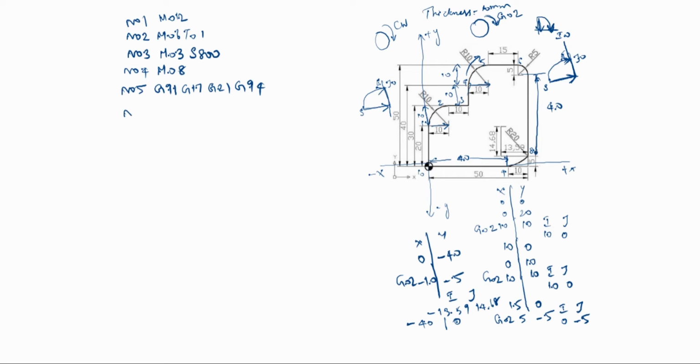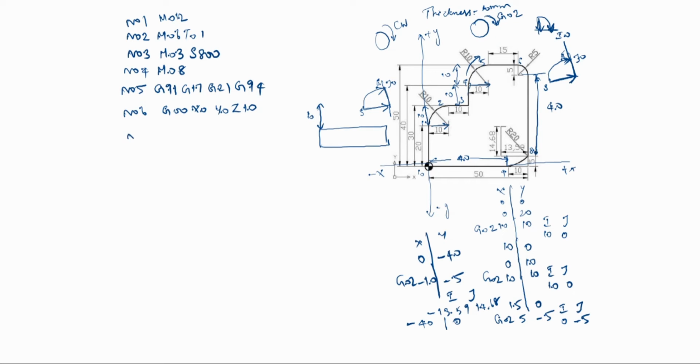After that N06, G00, X0, Y0, Z10. This is the workpiece. G00 is rapid mode, X0, Y0, the starting point is X0, Y0, Z10 means the tool is 10 mm above the workpiece.